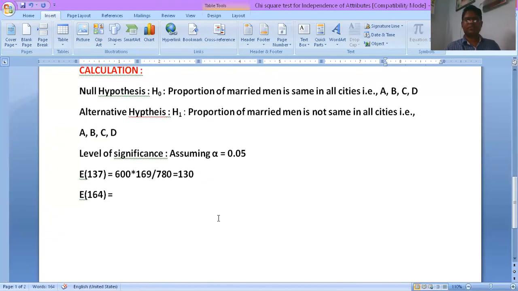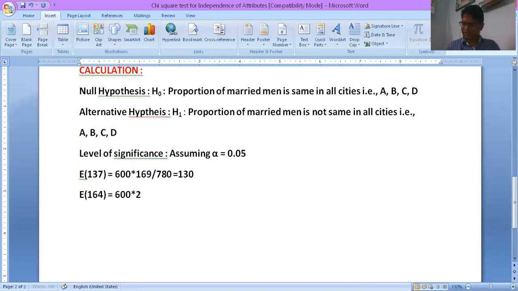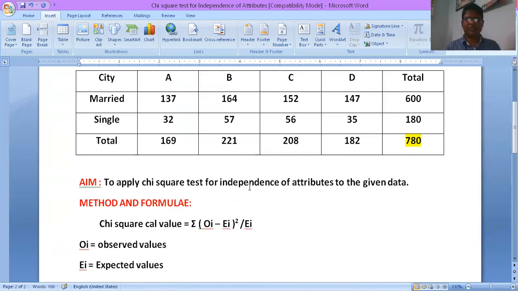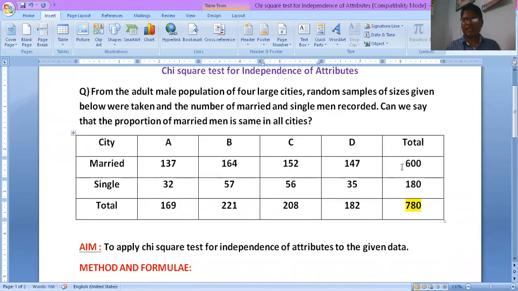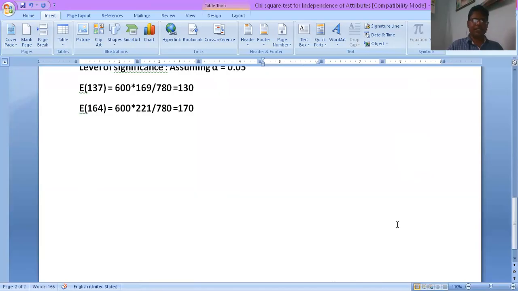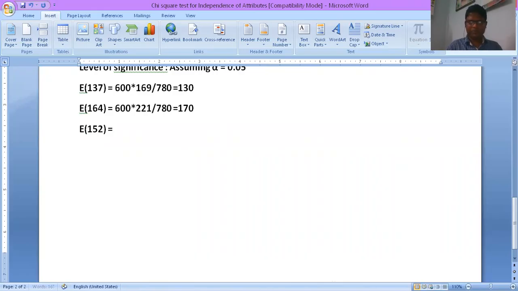So 600 into 221 divided by 780, and that is 170. Next value is 152. Last value is 600. Vertically the total is 208. Grand total is 780. So E of 152 is 600 into 208 divided by 780, and the value is 160.